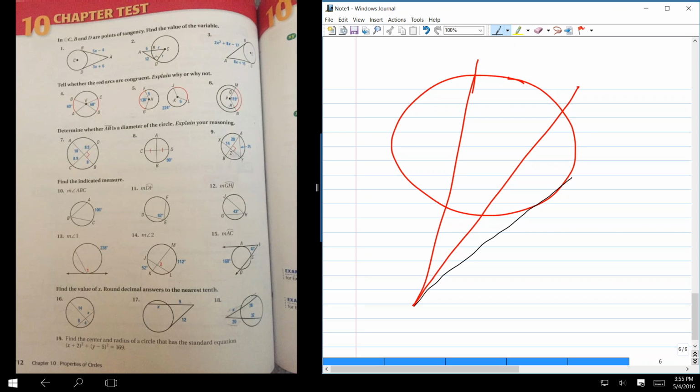Well, it's still the same formula. In other words, this angle, theta, is going to be that arc measurement from there to there minus the arc measurement from there to there divided by 2.